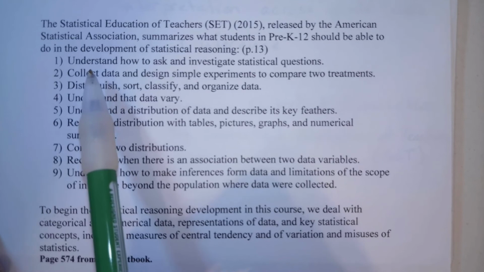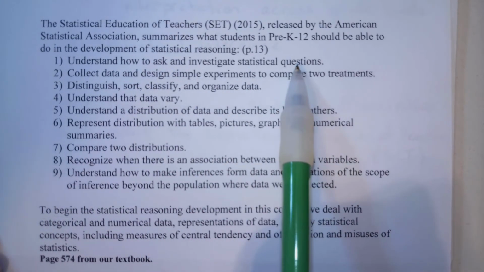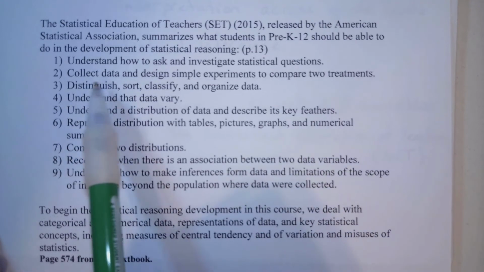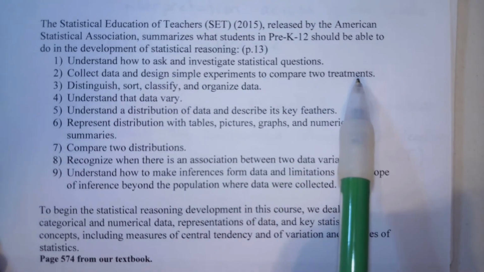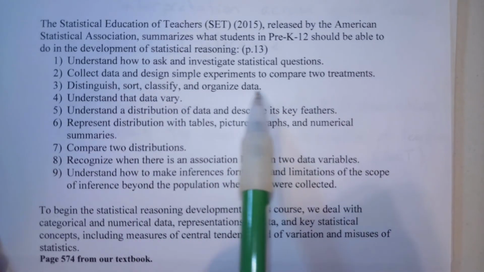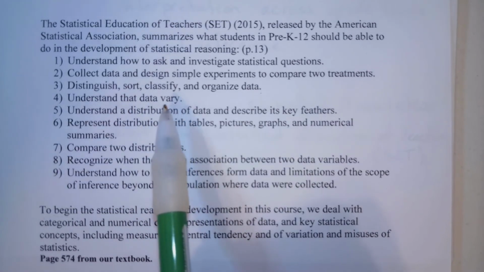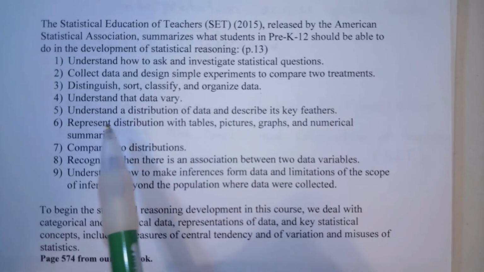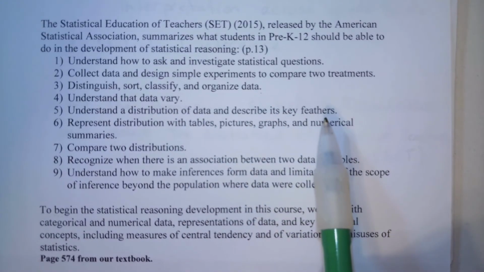Number 1, they should understand how to ask and investigate statistical questions, collect data and design simple experiments to compare two treatments, distinguish, sort, classify, and organize data, understand that data vary, not all data is the same, understand a distribution of data, and describe its key features.